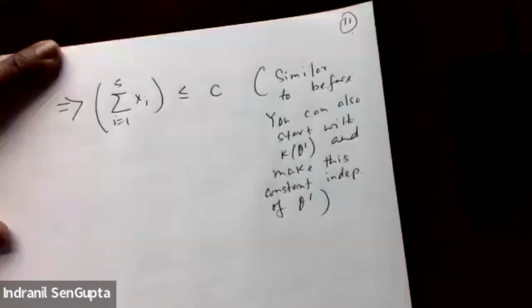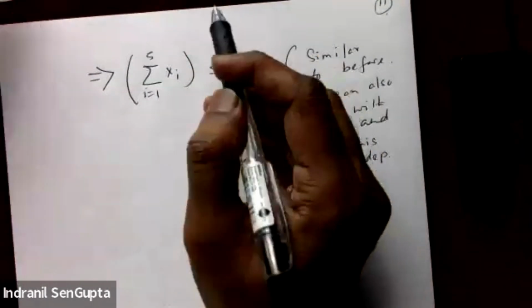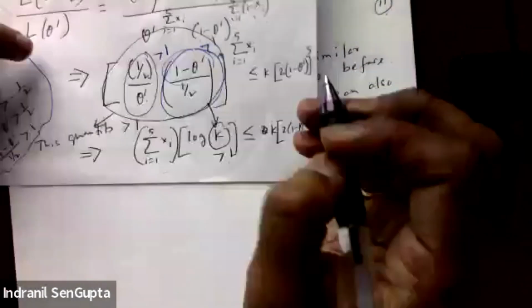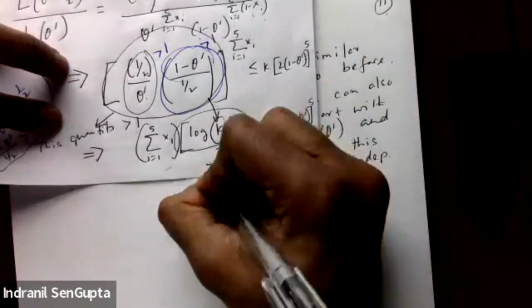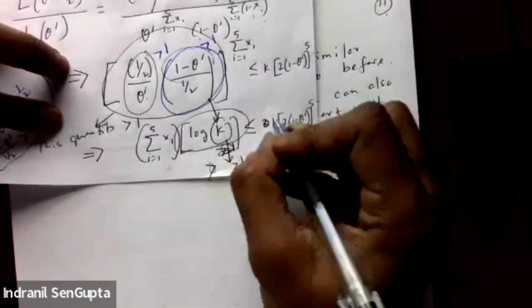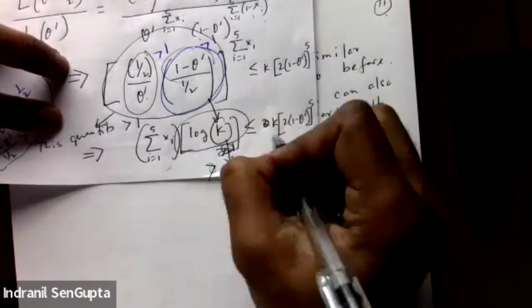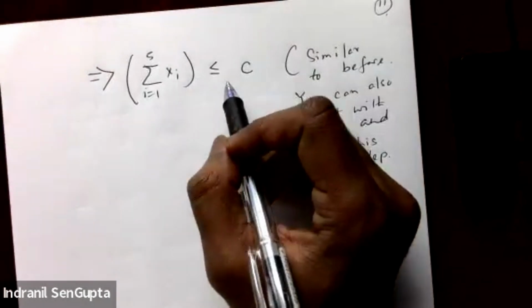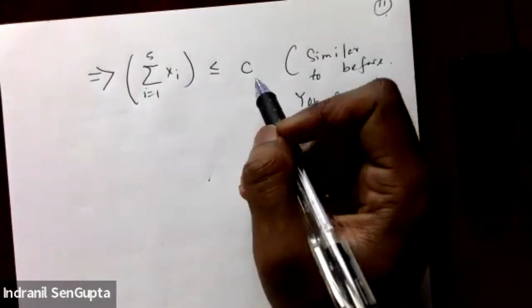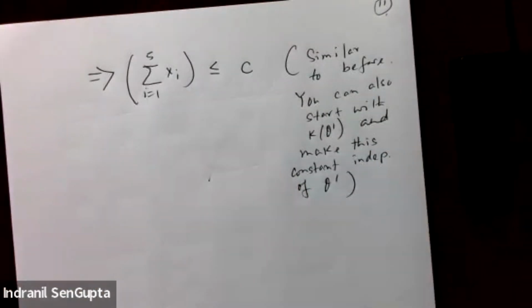I'll not show it because we have done it many times. In summary, I'm just worried about this quantity. I want this k to be bigger than 1, because otherwise this logarithm will be negative and this inequality will be changed. So that's why we considered that quantity. As long as that is satisfied, we are fine.